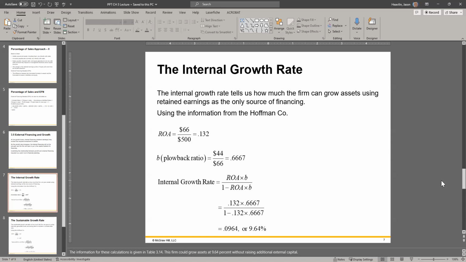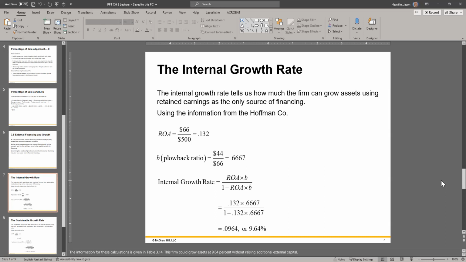So now let's apply the formula, the internal growth rate. Internal growth rate means the growth rate in sales that can be supported with internal funds, not having to go to external funds like debt and equity in the financial markets, borrowing more debt and selling more equity. So the formula is the return on assets multiplied by the retention ratio, or the plowback ratio, b, divided by 1 minus the return on assets times the retention ratio.